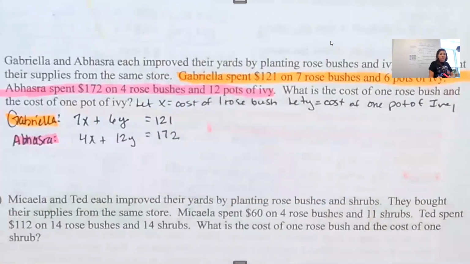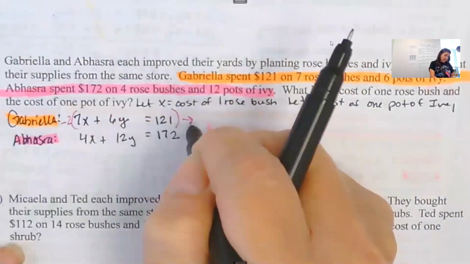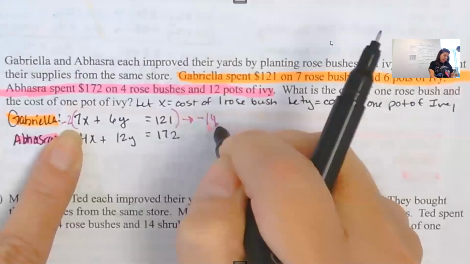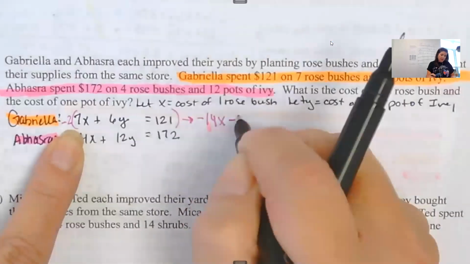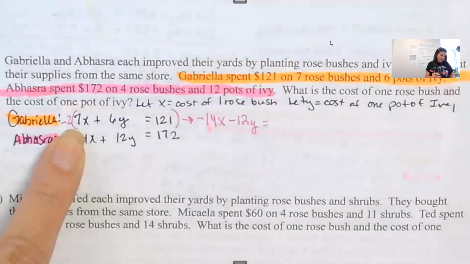I am going to choose to eliminate my Y's because that way I only have to multiply one equation, which would be the top equation, by -2. So that gives me negative 14X minus 12Y equals negative 242.